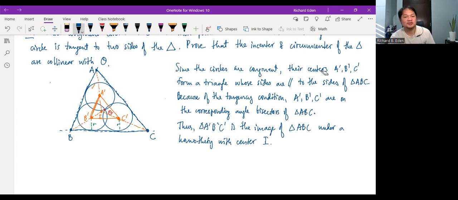Yeah, without using homotheties. Can you prove it without using homothety? I'm sure you can, but I was thinking, how would you prove the collinearity of I, O, and the circumcenter without using homotheties? Maybe use angles or Menelaus theorem.